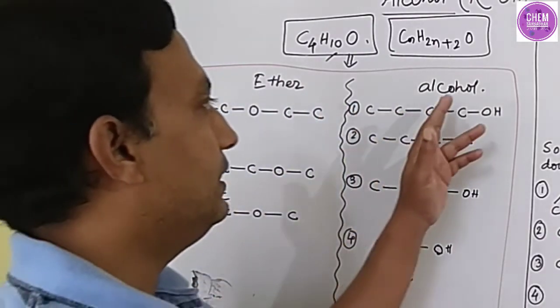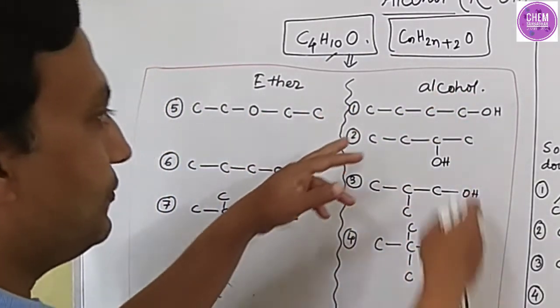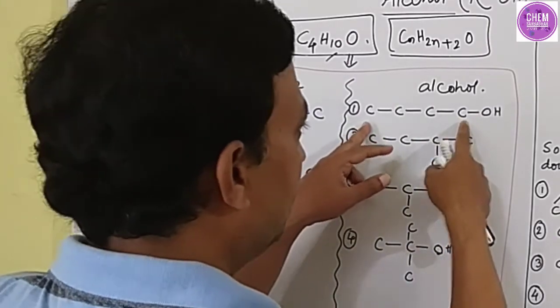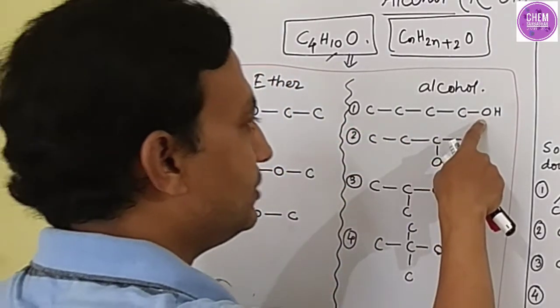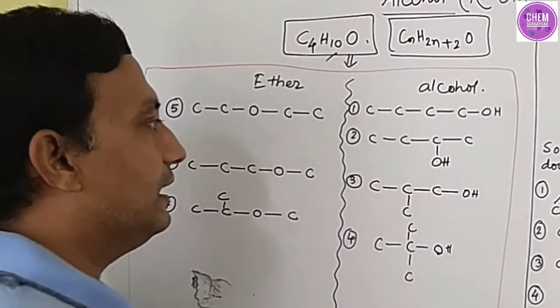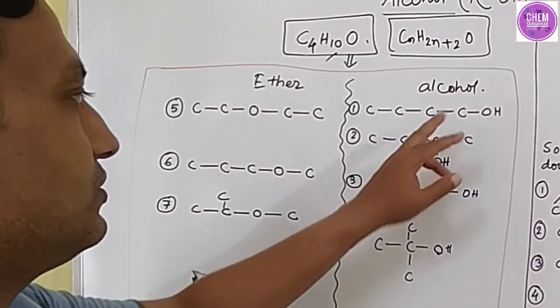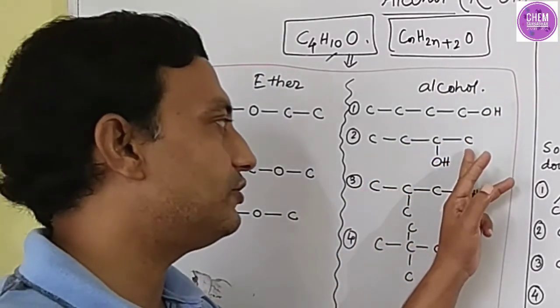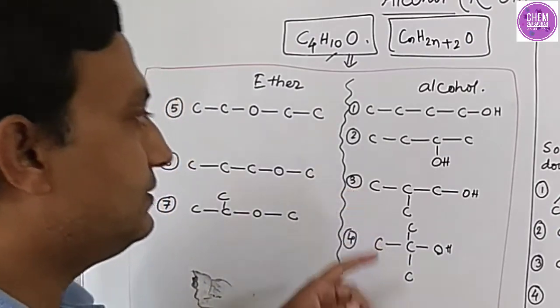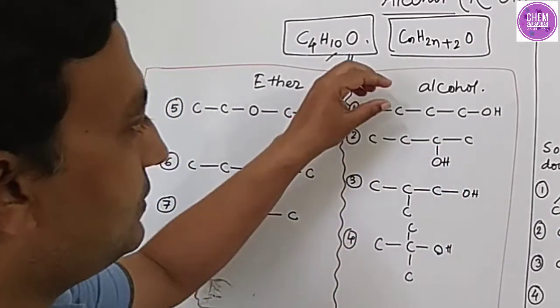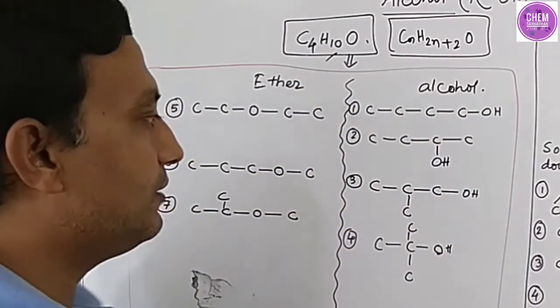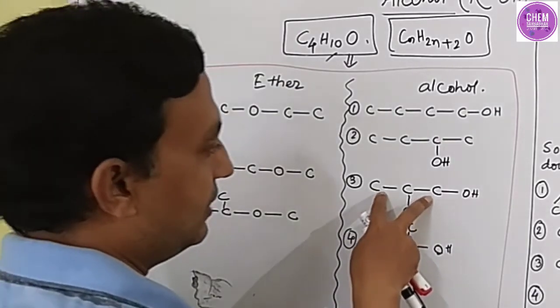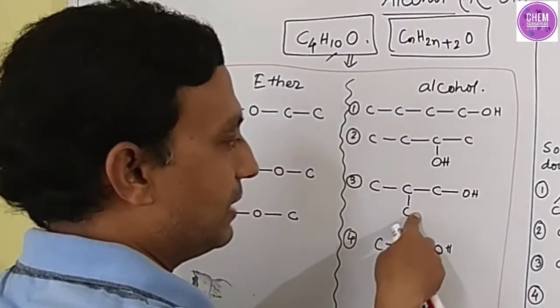First of all, in the alcohol part we can write 4 carbons in a linear chain, that means 1-butanol or butan-1-ol. The next one is where the OH group is shifted to the second carbon, that means butan-2-ol. Third one is, if we change this longest chain into a branched chain, that means 3 carbon atoms are there in the longest chain, another is in the branched chain.